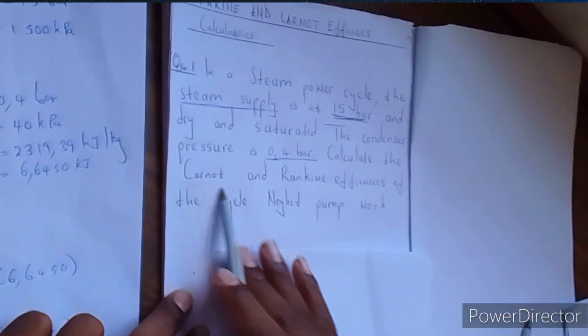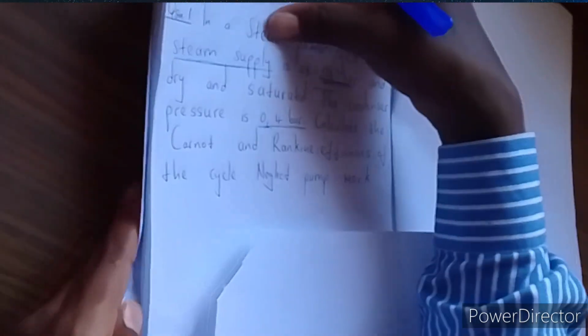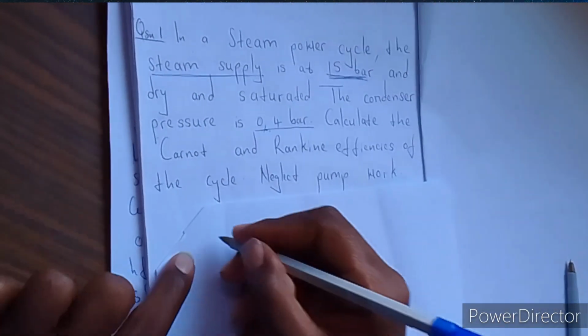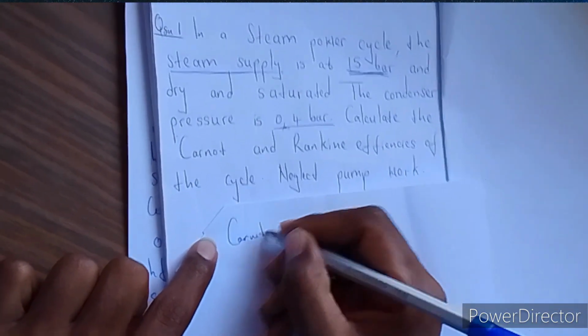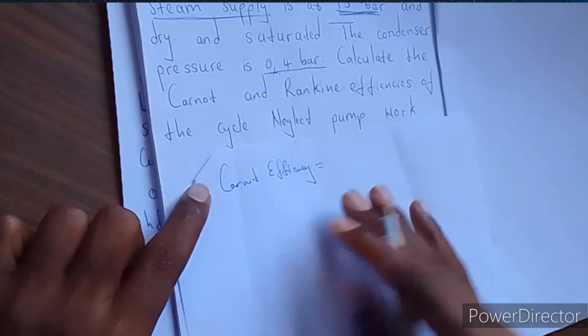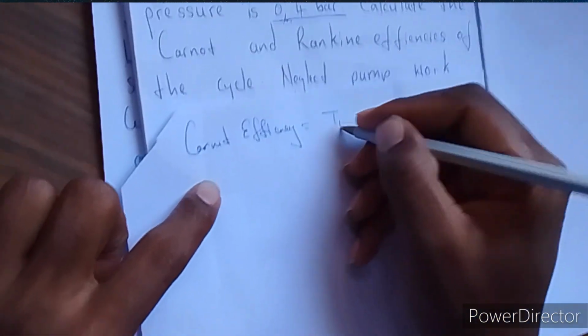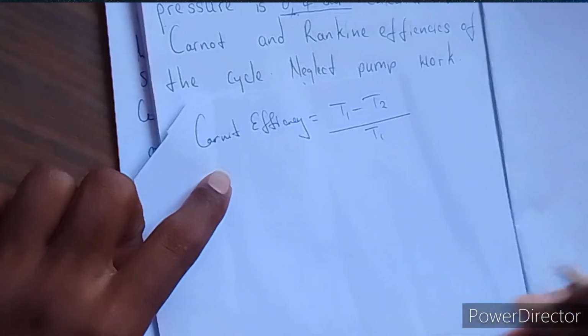So now after having this information, you are able to find the Carnot efficiency. So the formula for Carnot, because our question is saying calculate the Carnot efficiency, is equal to T1 minus T2 over T1.